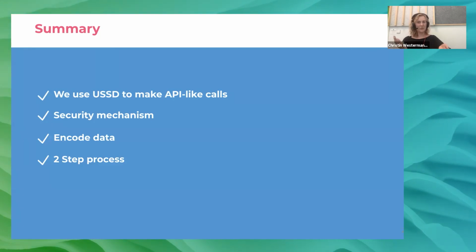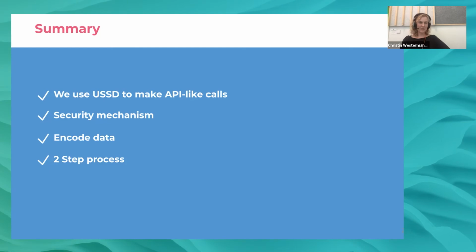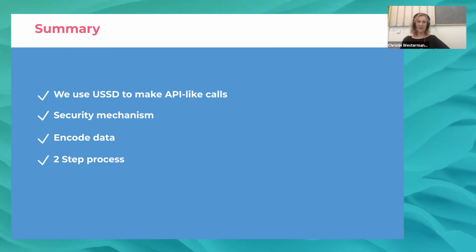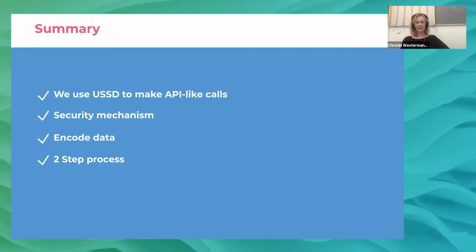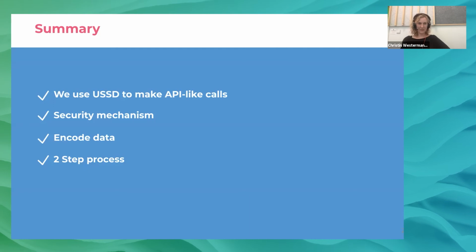We also have 404, for example, if the beneficiary's phone number couldn't be found in our system. Phyllis talked about the security mechanism that the devices who can make those API calls need to be registered within our system so that not everybody can just go ahead and make those calls.